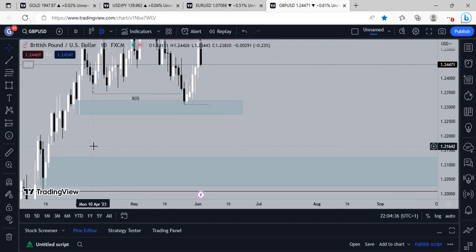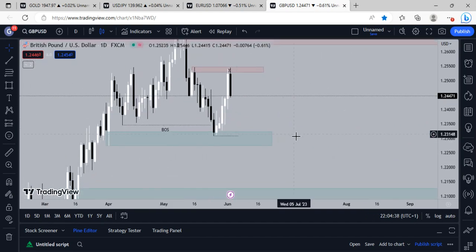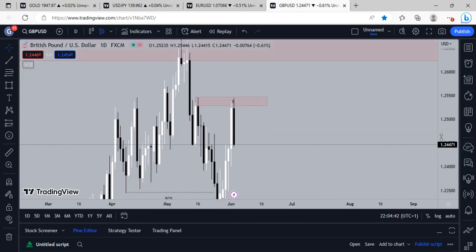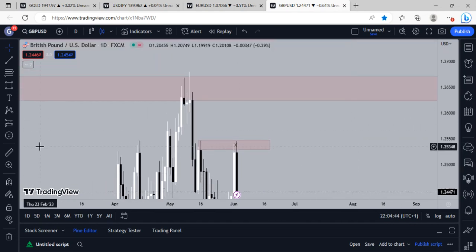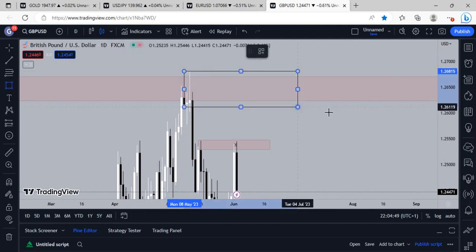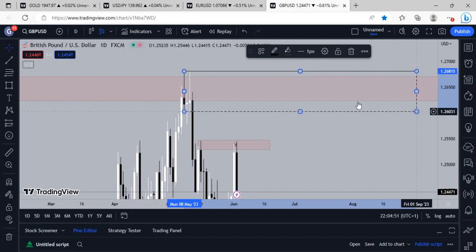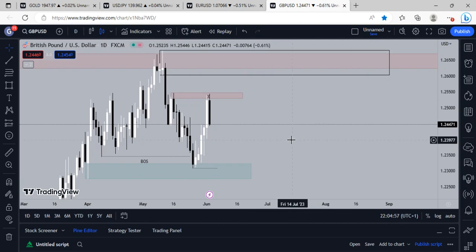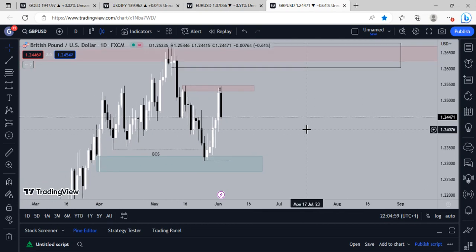And then yeah, that's what we have so far on GBPUSD. This is also another order block. Yeah, so these are the POIs of GBPUSD for the daily.